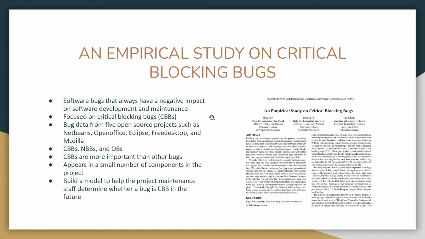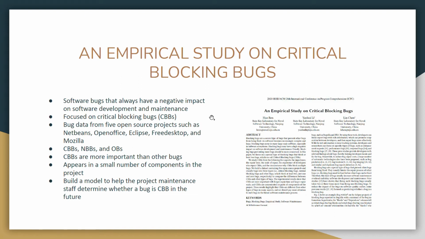The results show that CBBs are more important than other bugs because they have a larger repair scale and longer repair time. However, the software maintainers might not assign experienced developers to fix CBBs. It usually only appears in a small number of components in the project.